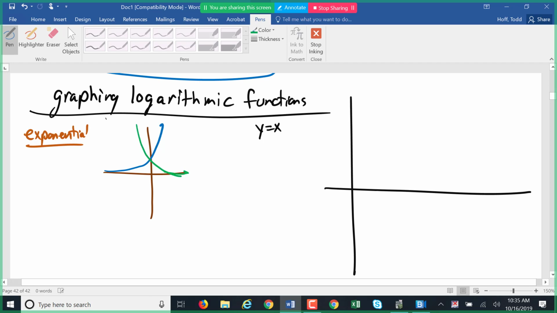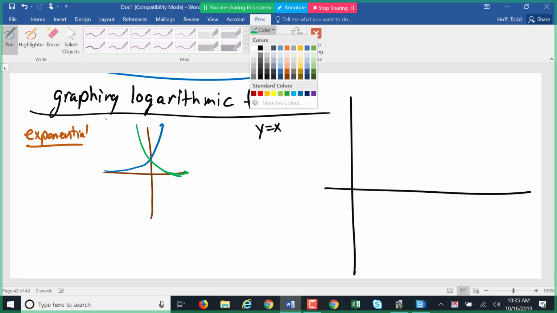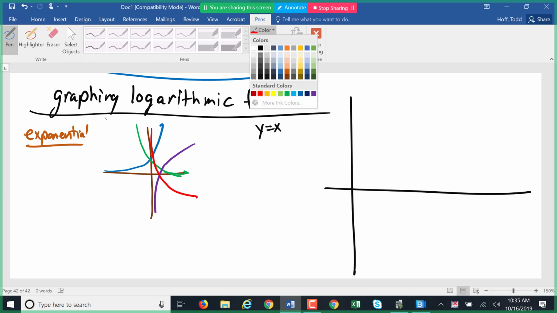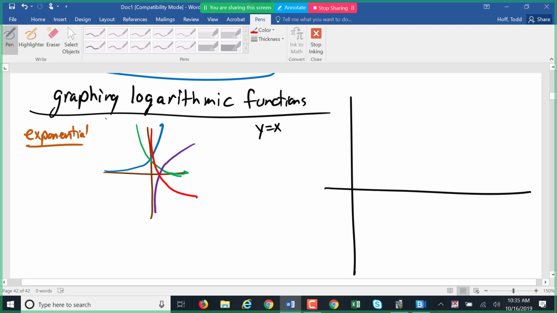The graph of a logarithmic function is going to be reflected around that line y equals x. So it's going to look like that or like that. So let's take a peek at how that works. Notice x cannot have values less than 0.